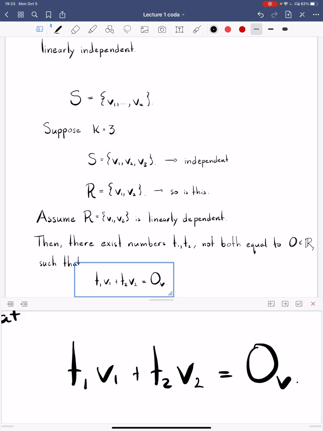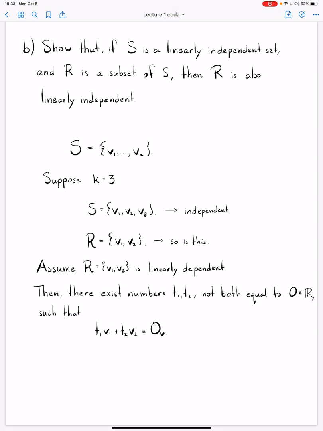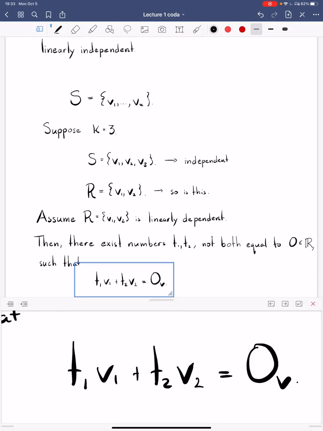And that's a problem, right? So if I'm allowed to do this, if there actually do exist two numbers t1 and t2, not both 0, which make v1 and v2 add up to the 0 vector, then what's to stop me from writing down something like the following?